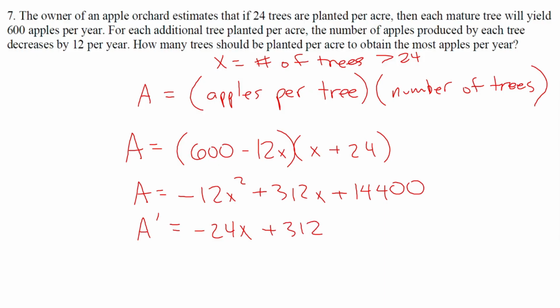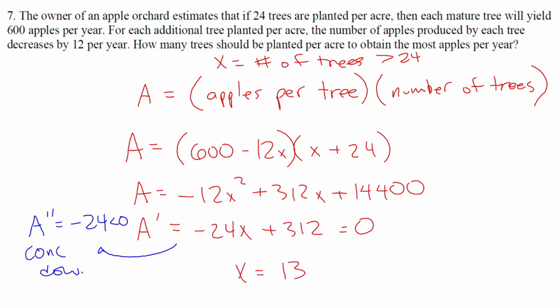That's never going to be undefined, so all we have to do is worry about when that's equal to 0, which is when x is equal to 13. And so we have to show that this is actually a maximum. The way that we'll do that is we'll take a second derivative. So a double prime is just equal to negative 24. Since we know negative 24 is negative, that tells us the function is concave down. When the function is concave down, you end up with a maximum. So we have a maximum when x is 13.